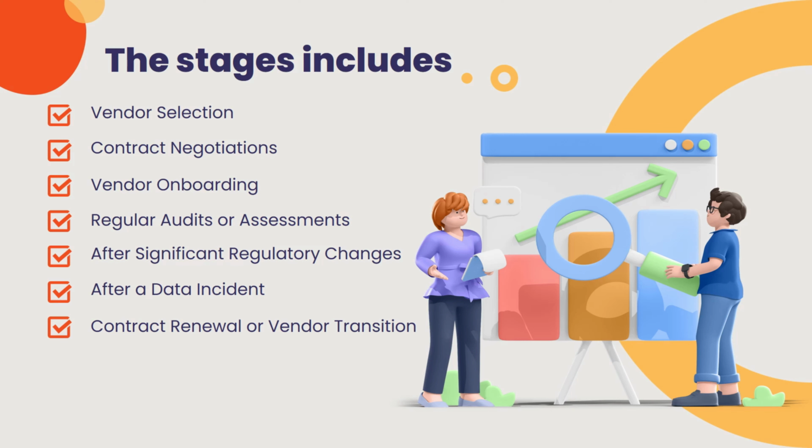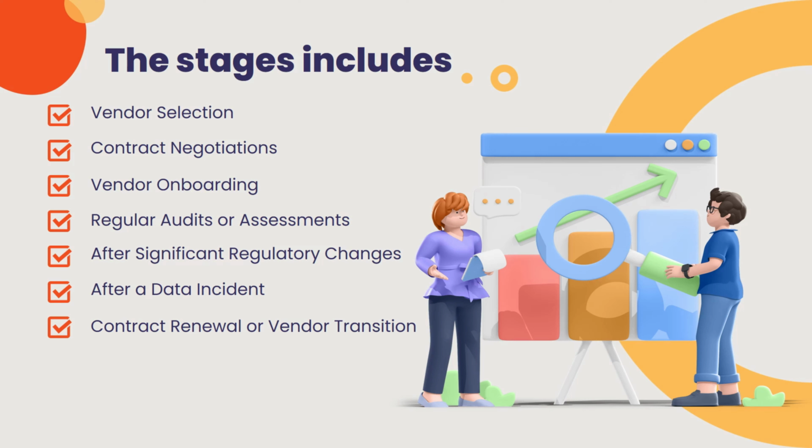The third point is vendor onboarding. As part of the onboarding process, go through the mapping with the vendor to ensure they understand their responsibilities. This can be part of a formal training or initial discussion with the vendors.